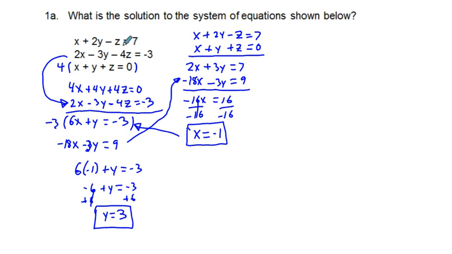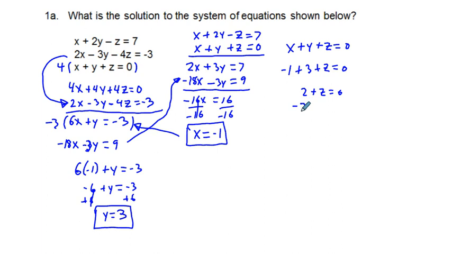Finally, for z, we can use any of these equations. I can use this last one: x plus y plus z is equal to 0. Well, x is -1 plus y is 3 plus z is equal to 0. On the left side, we have 2 plus z is equal to 0.